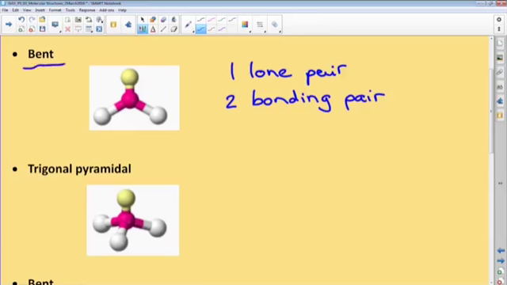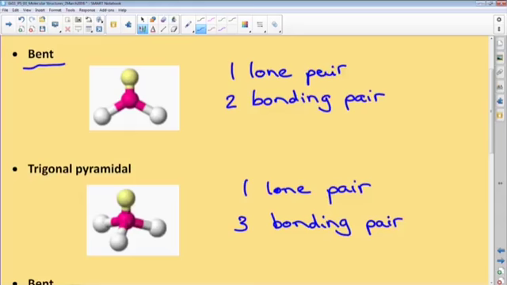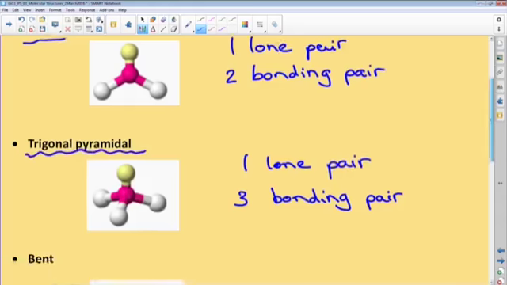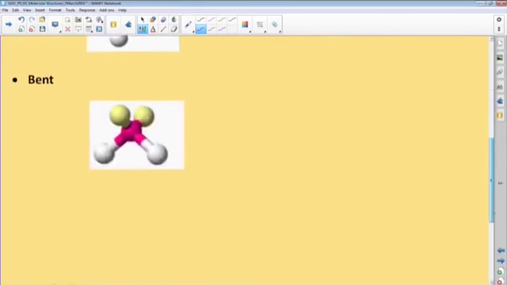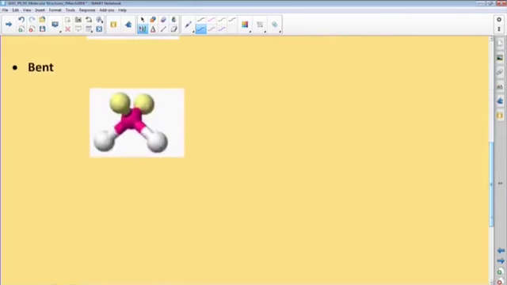Here, I have got 1 lone pair, and I have got 3 bonding pairs, and it calls this one trigonal pyramidal. And look at this.